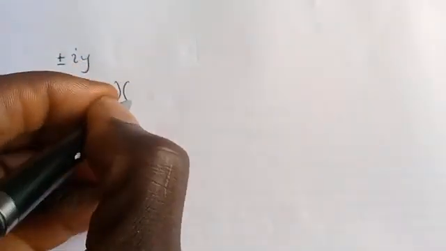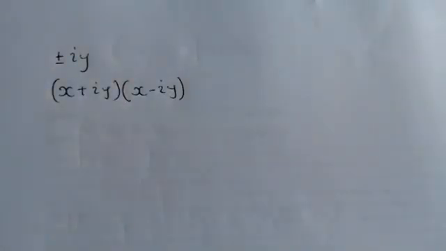If we said plus or minus iy and we said the product will be a real value, we are saying that x plus iy multiplied by x minus iy will give us a real product.